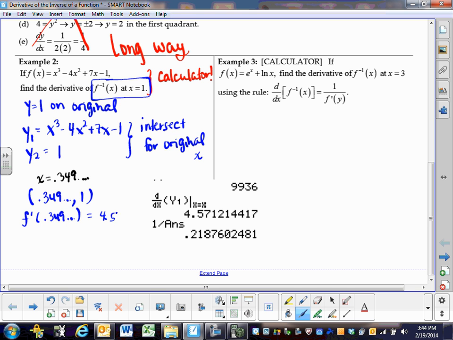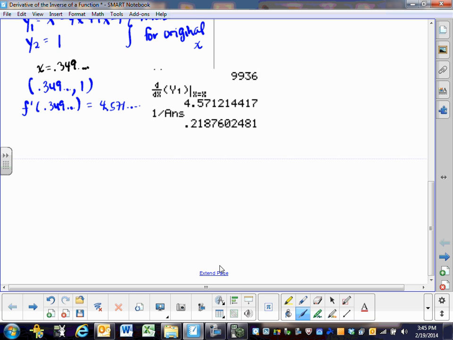Okay, so what I have here is I found where the original curve, so the original curve has the 0.349, etc., comma 1. I found the slope of the original curve at that value was 4.571 dot, dot, dot. Again, I don't want this rounded off.